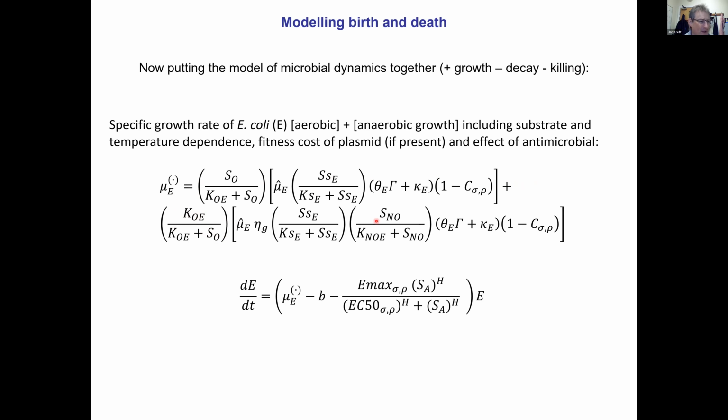So only this term down here is active. And that means the bottom row is anaerobic growth, and the top row is aerobic growth, and this is just a plus sign. So this equation looks very complicated, but in fact, it consists of many ingredients, and each ingredient can be modeled in a reasonably simple way, as I've tried to explain.